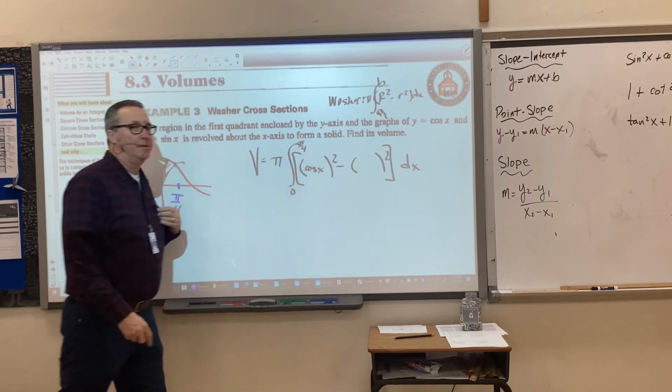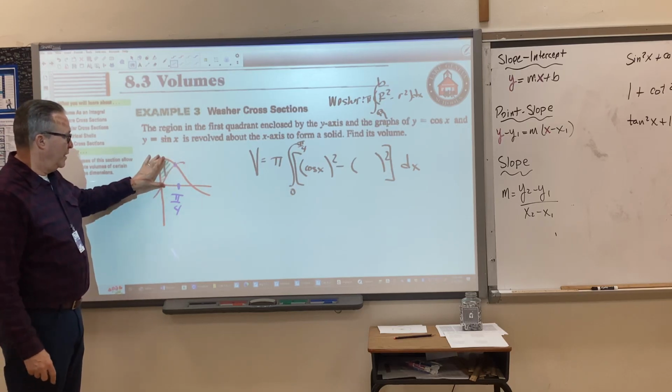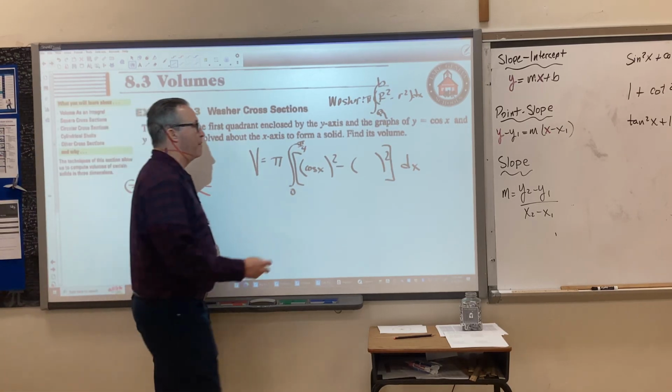And the small radius, yes, this distance is sine of x, because that's the function it goes to. The distance is cosine of x.